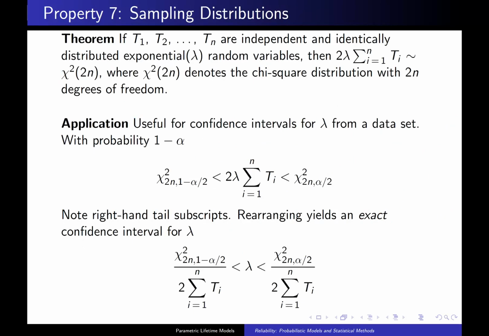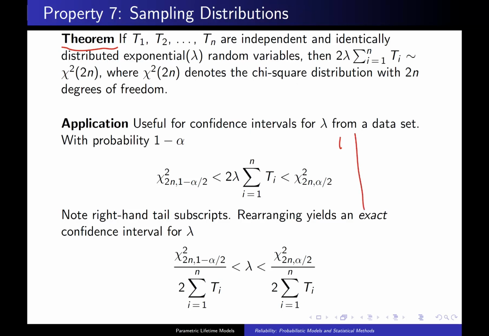Property 7 goes like this. If T1 through Tn are mutually independent and identically distributed exponential lambda random variables, then 2 lambda times the sum of the Ti is chi-squared with 2n degrees of freedom. The setting where this might come up is in something called life testing.